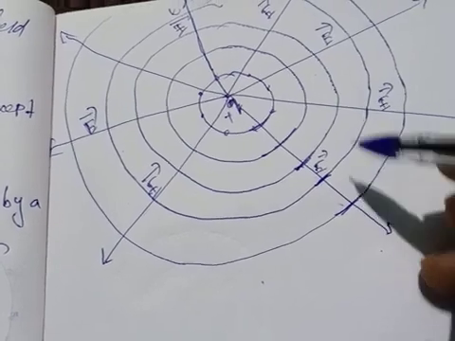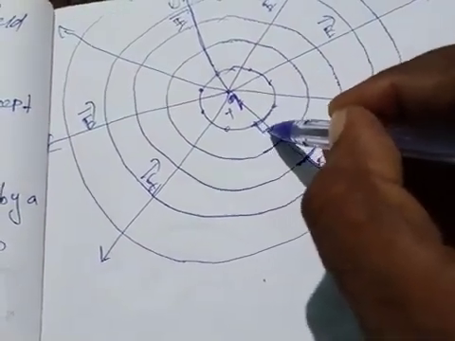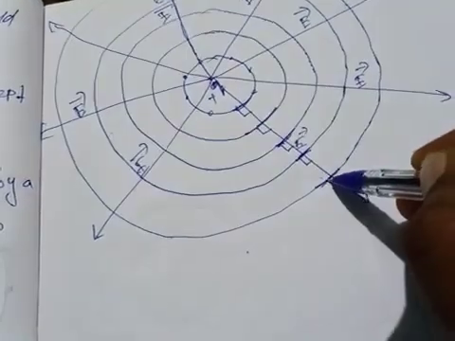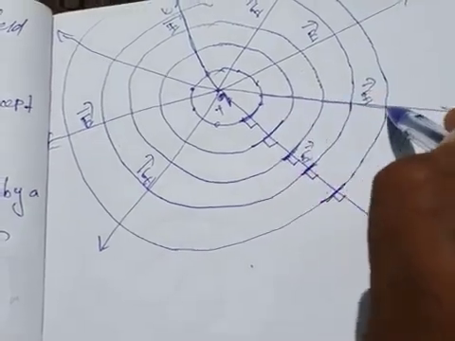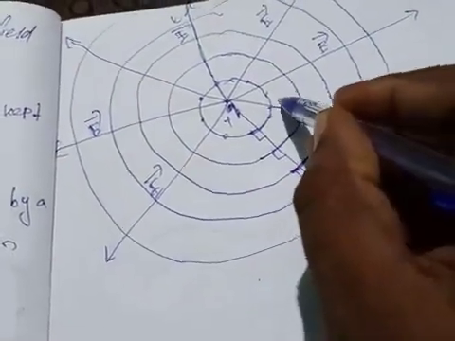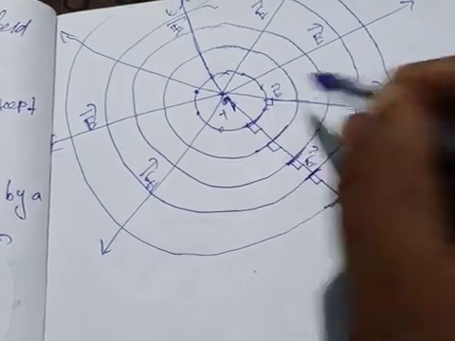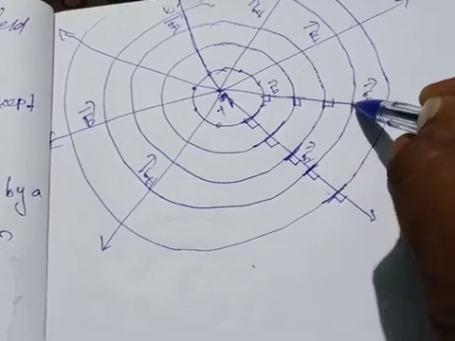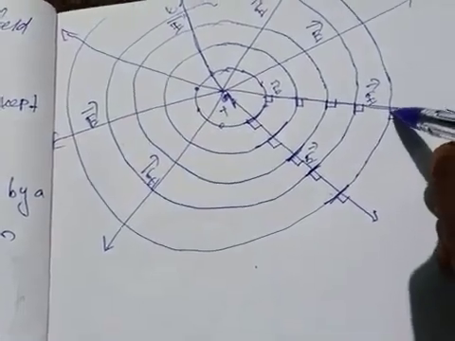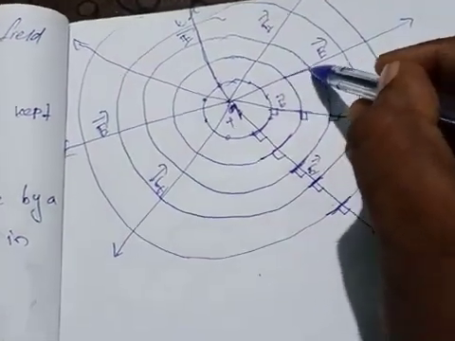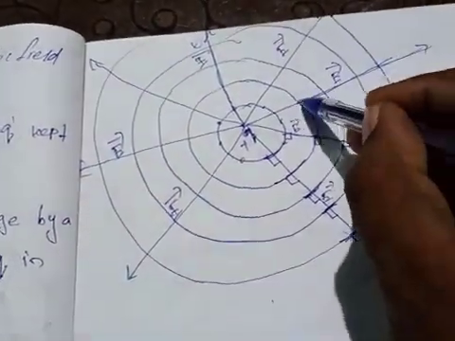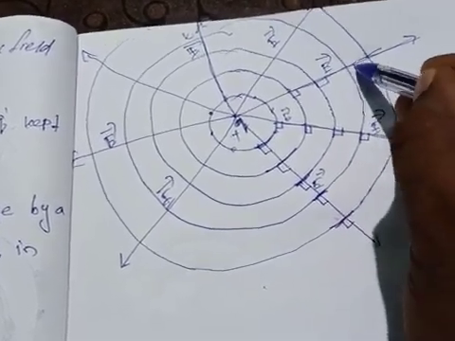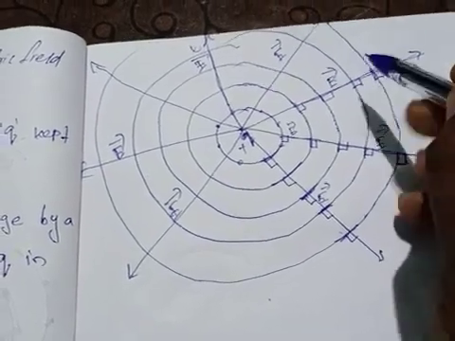All these equipotential surfaces you can see are at 90 degrees to this electric field line. You see 90 degrees. Check this. So the electric field and equipotential are 90 degrees to each other, or you can tell that they are normal to each other. This is equipotential, electric field, equipotential, electric field.